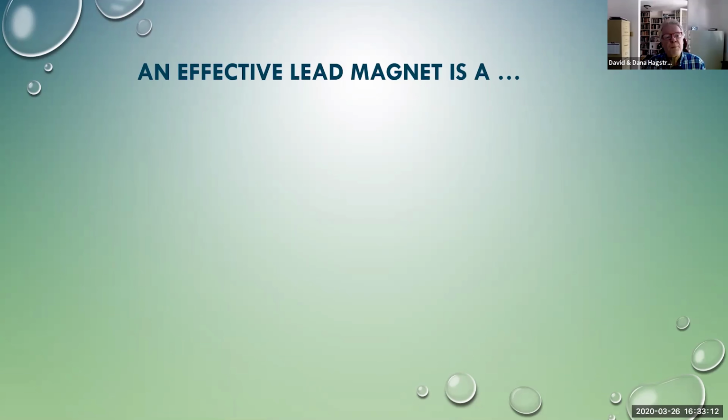So to begin, I encourage you to think of your lead magnet as being a solution. And in order to present a solution, know what that solution is and who it's for. To be effective, a lead magnet needs to solve one specific problem.